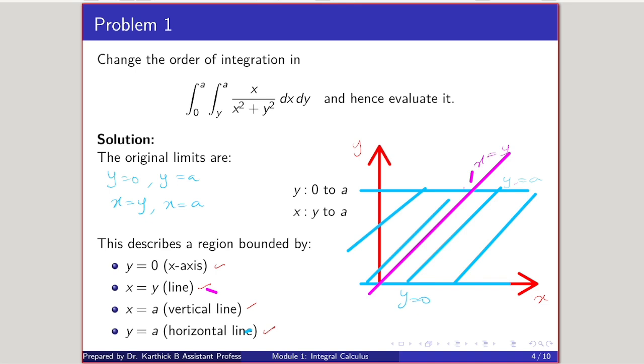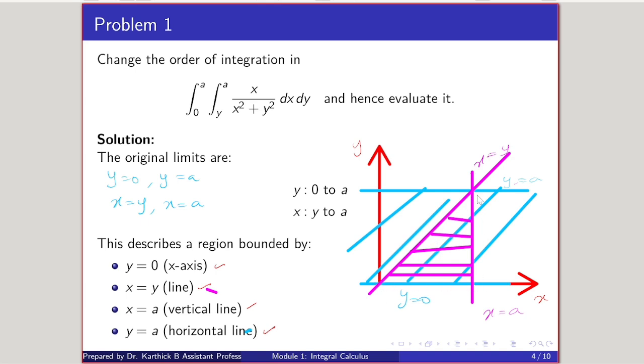This will be the graph for x equal to a. So here the region will be like this. Therefore this is the overlapped area.